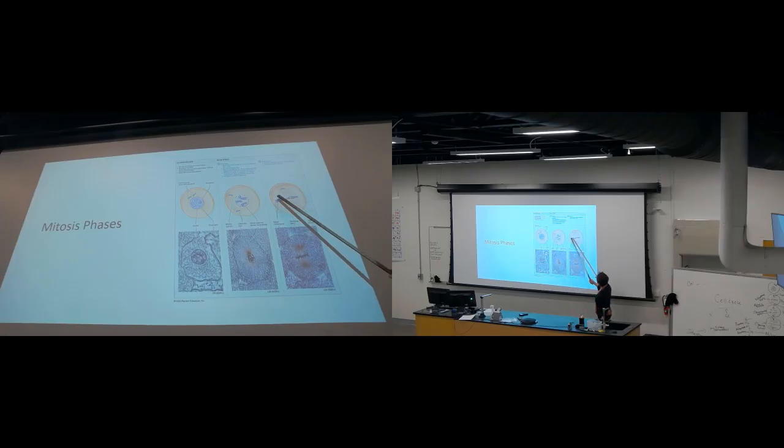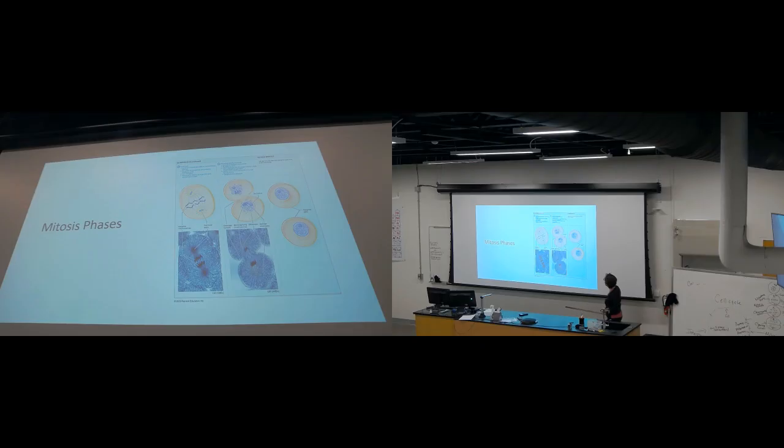Because the microtubules have to connect to the center of the chromosomes, the kinetochores. And this is the metaphase plate. This is metaphase. So you have here your centrioles, your spindle fibers, which are these, and these will be the chromosomes aligned in the center.